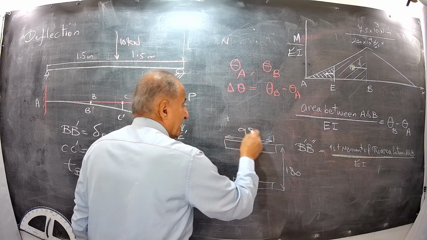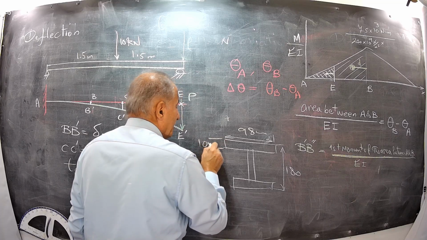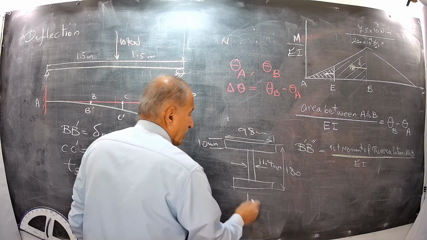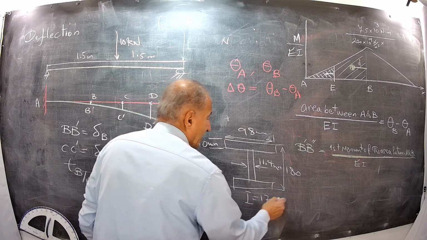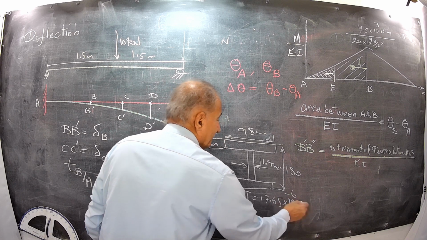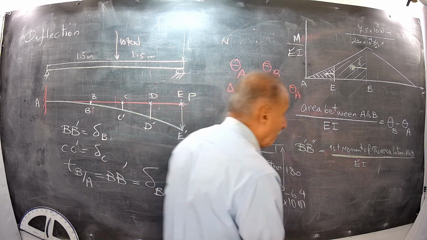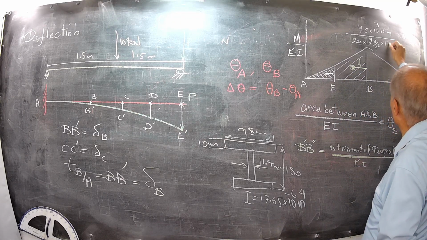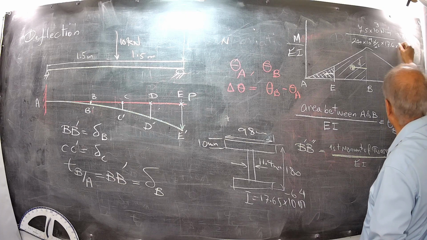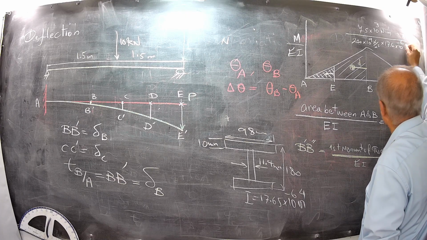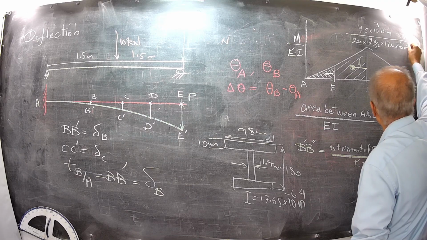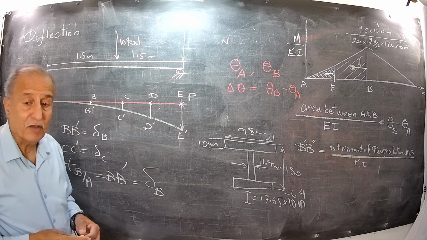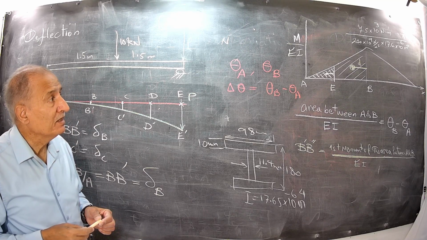This is 98 mm. This is 10 mm. This is 11.4 mm. Then I is 7565 times 10 to the power minus 6 meter to the power 4. Then put this value here, 70.6 times 10 to the power minus 6 meter 4.